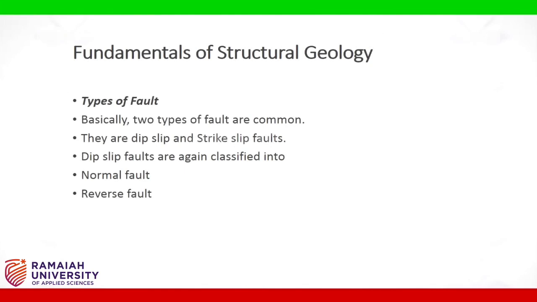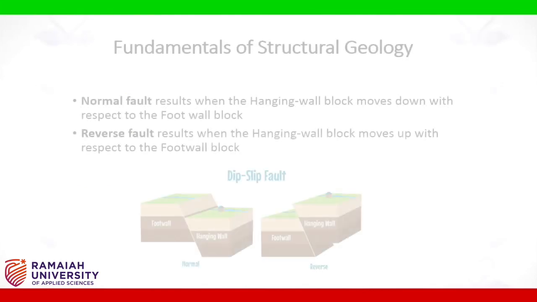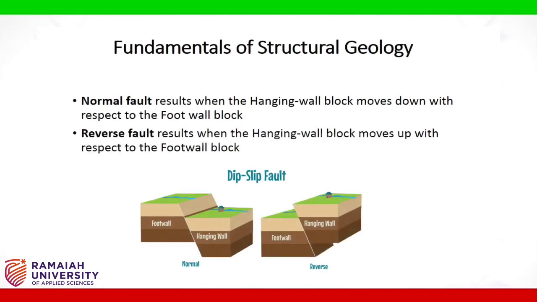Types of fault. Basically, two types of fault are common. They are dip-slip and strike-slip faults. Dip-slip faults are again classified into normal fault and reverse fault. Normal fault results when the hanging wall block moves down with respect to the footwall block.